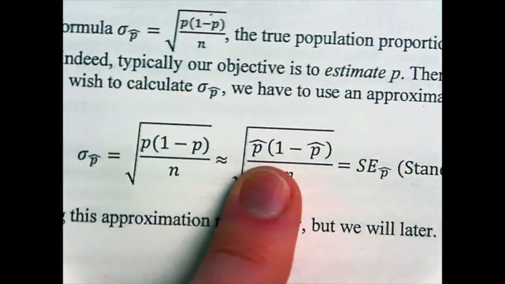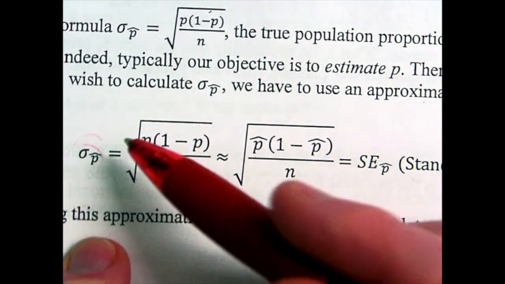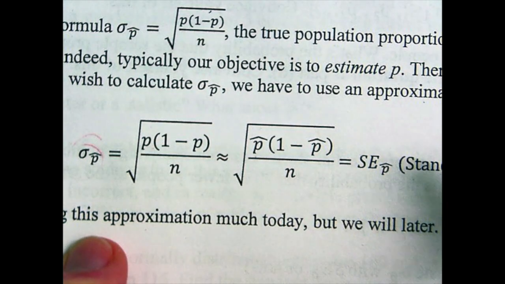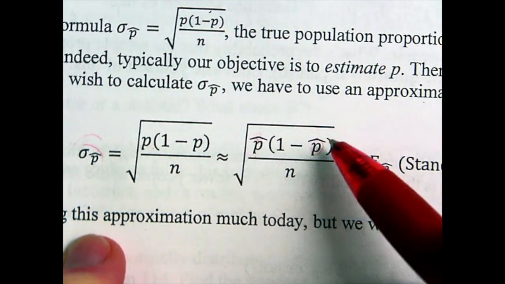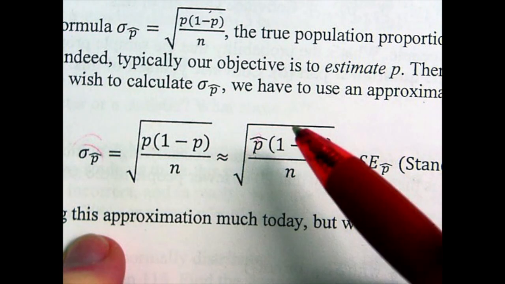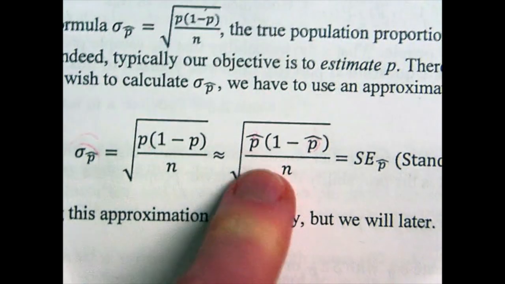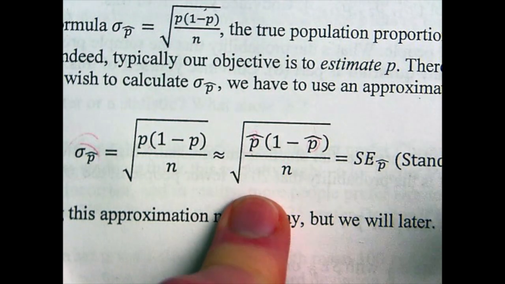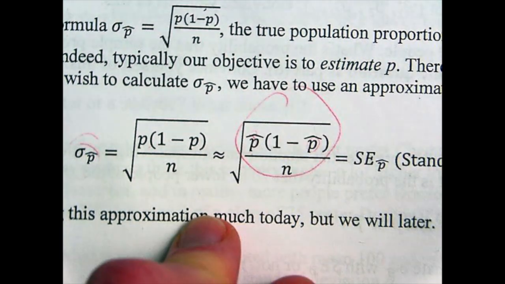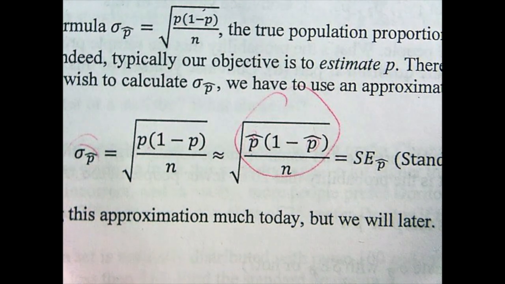So in real life, if you're trying to compute this thing and you don't know little p, and you have one sample only, then you use the sample proportion in the formula instead of little p, right? Because p hat hopefully approximates p. When you use that approximation, this thing has a different name. It's technically no longer called sigma sub p hat.